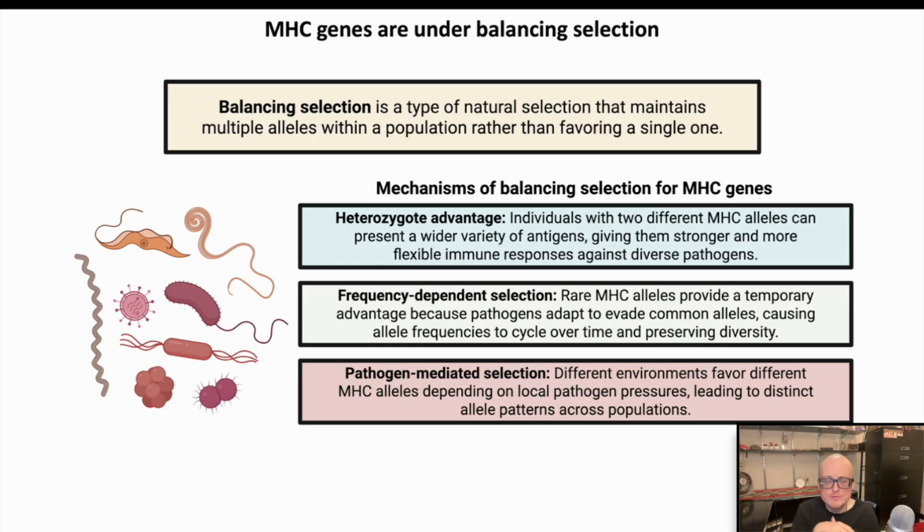This is an explanation, for example, for why there is so much diversity of MHC across human populations across the globe. So it could be, for example, that yes, there's a lot of diversity within the MHC repertoire, but if you compared people of different ancestries, you wouldn't really see very much difference. But in fact, that is not the case. Not only do we see a lot of diversity globally, but within individual populations with different geographical origins.